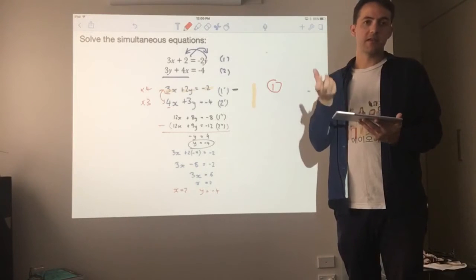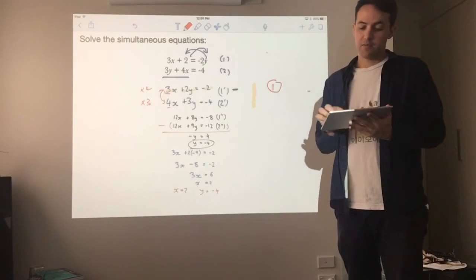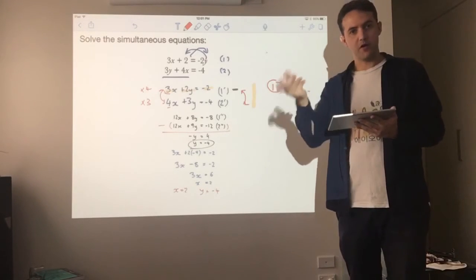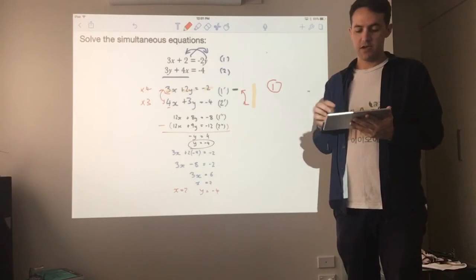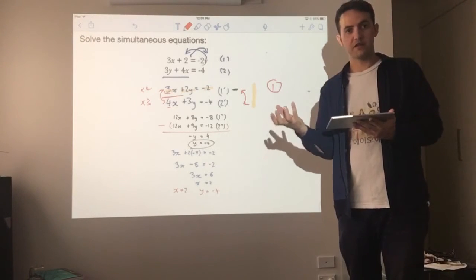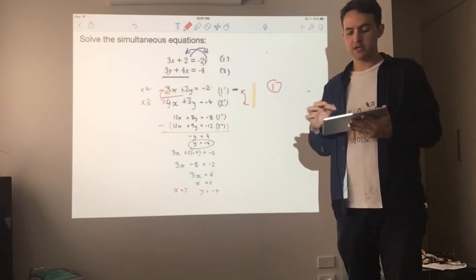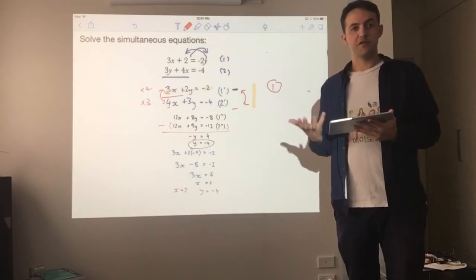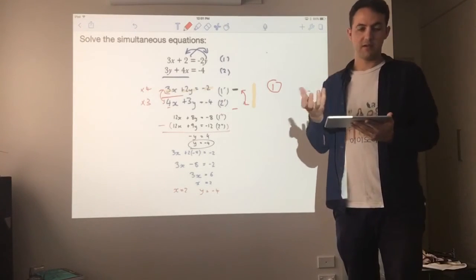And the way that we can eliminate x is by multiplying either equation by the coefficient of x in the other equation. So we multiply this top equation by 4 because the coefficient of x is 4 in the other equation, and we multiply this bottom equation by 3 because our coefficient of x is 3 in the other equation.